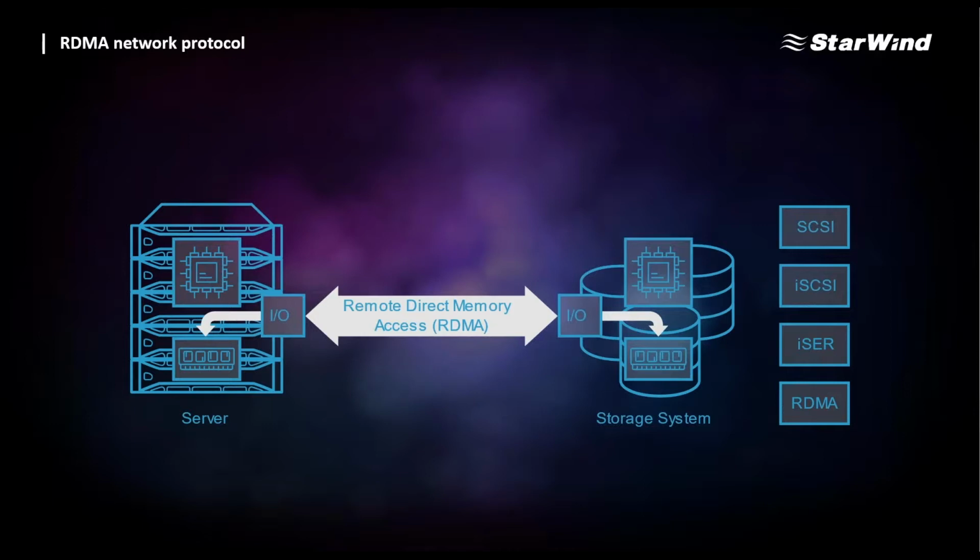Moreover, the iSER protocol reduces the CPU workload, which is especially important in hyperconverged platforms where the CPU resources are used not only for virtual machines. So additional free cores will allow you to get more VMs in the infrastructure.